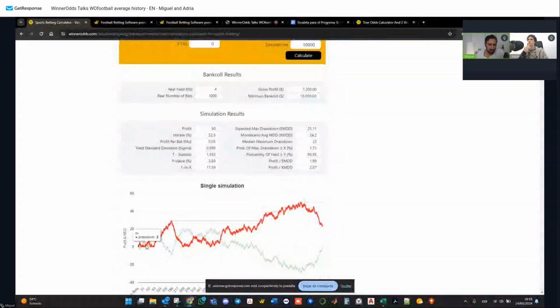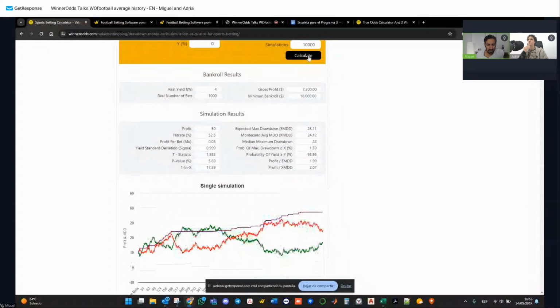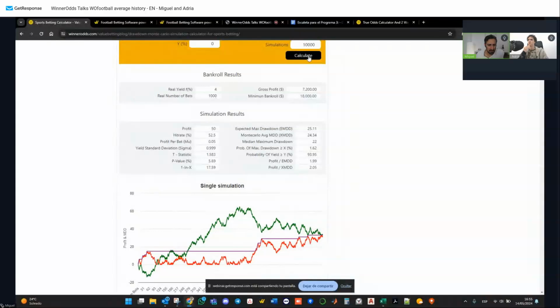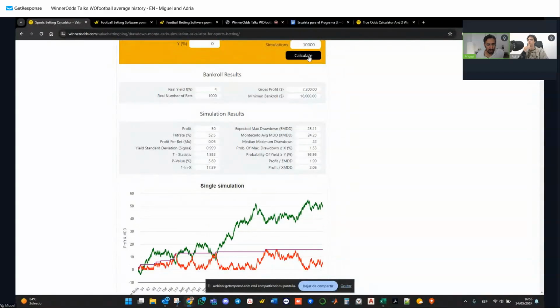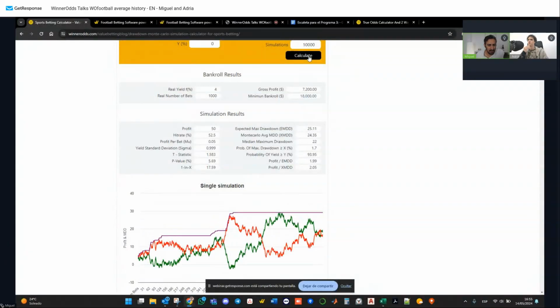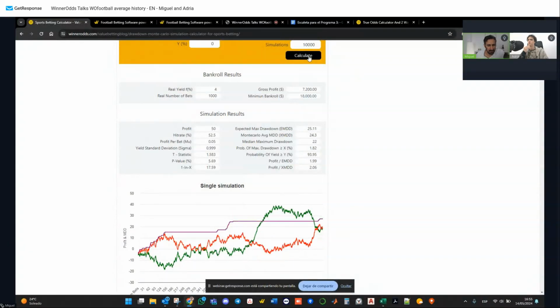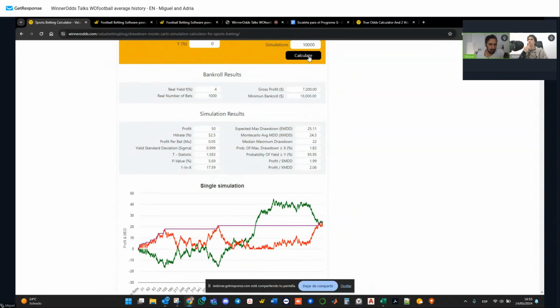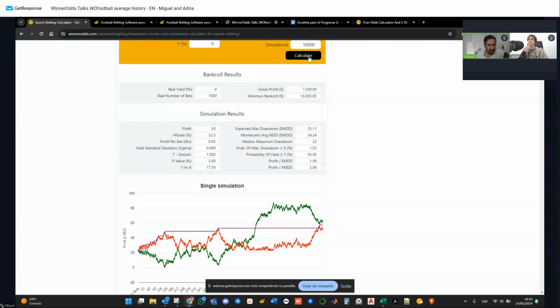So in this simulation, I have obtained negative profit, and here the red line is the drawdown. Okay, so I can check many histories with the same long-term parameters, and understand that even for the same tipster, for the same system, you will have very different results just by luck.